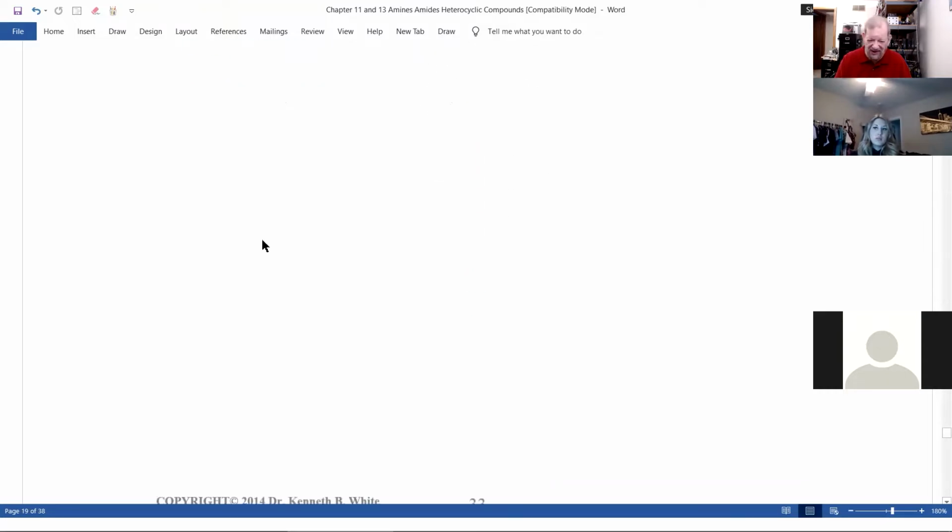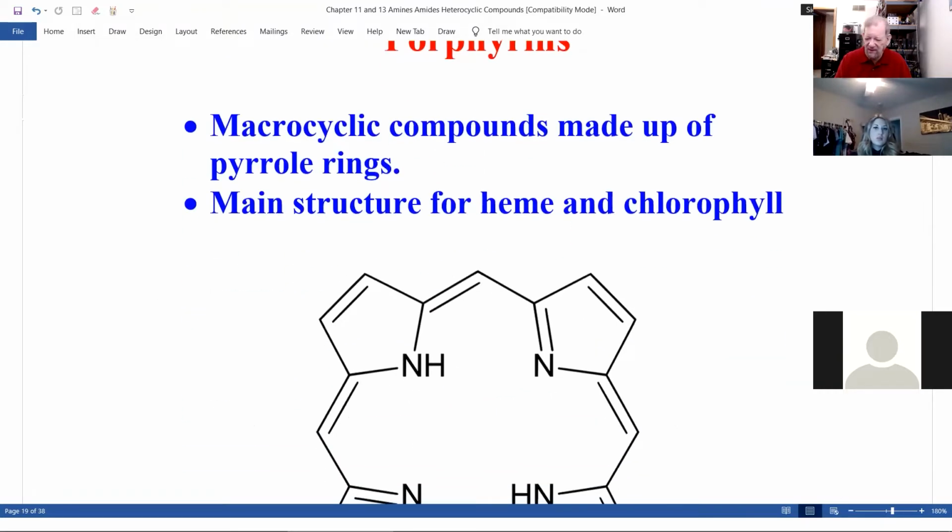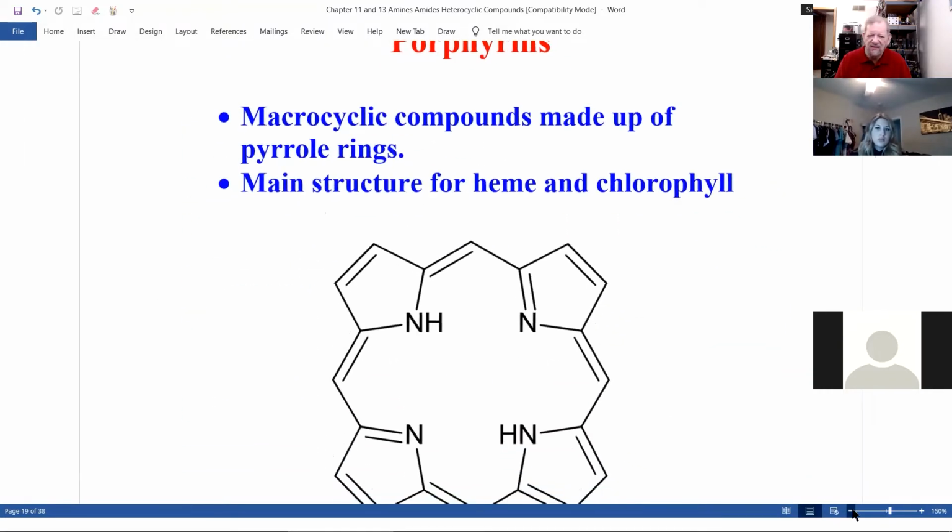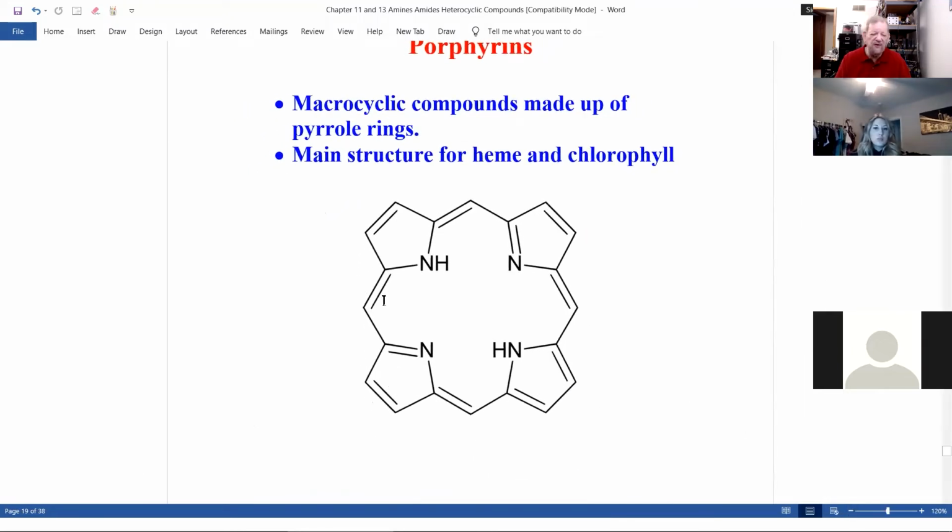Well, let's scroll down. Let me make this smaller. Now, if you put 4 pyrrole rings together with a couple extra carbons, you have this macrocyclic compound. Macro means huge, big, and that's pretty big. And these are called porphyrins.